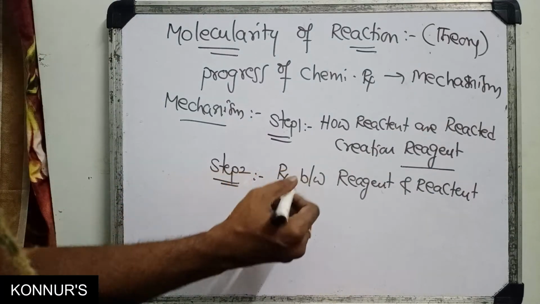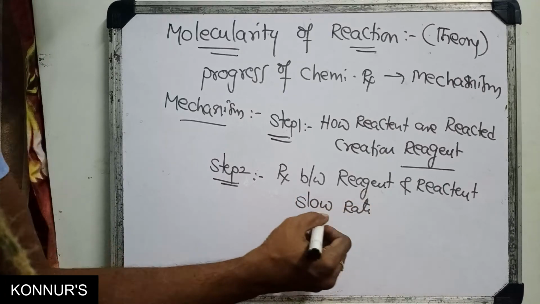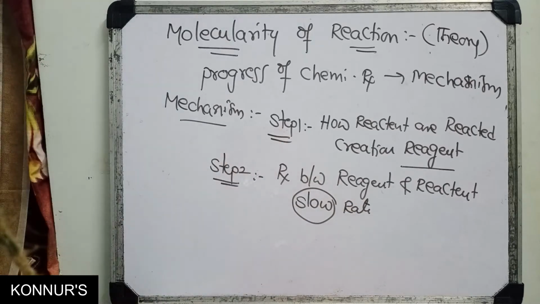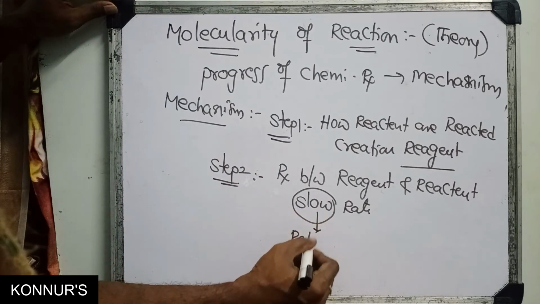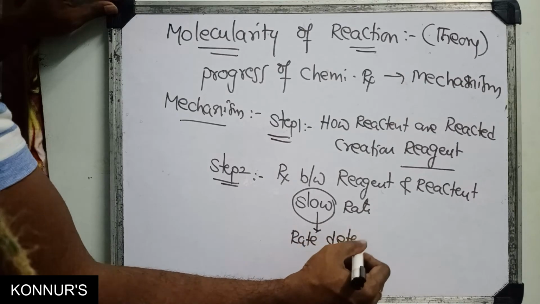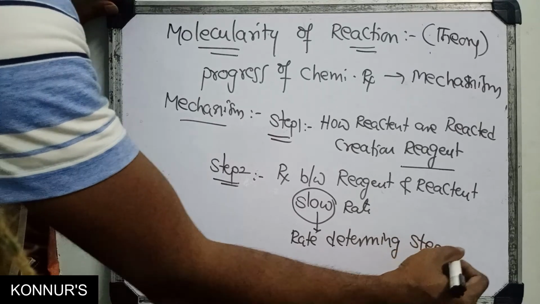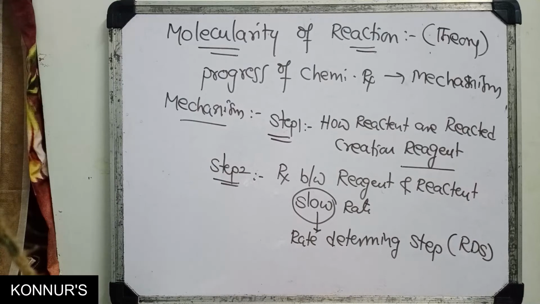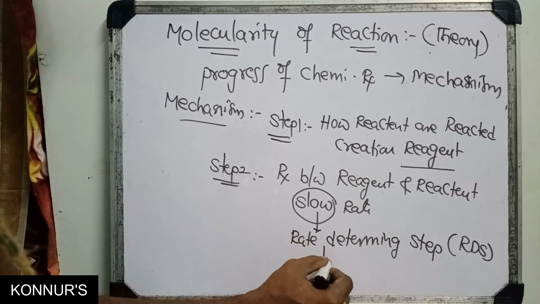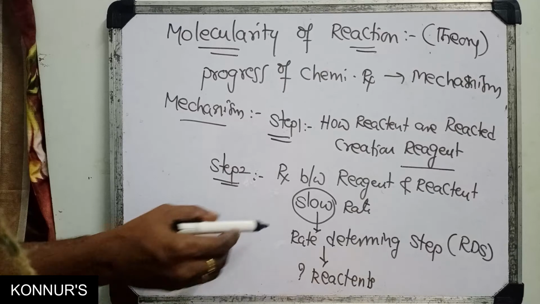Generally this step goes with a slow rate. The step which moves with a slow rate is called the rate determining step, simply called RDS. In the rate determining step, how many reactants participate in the slow step?